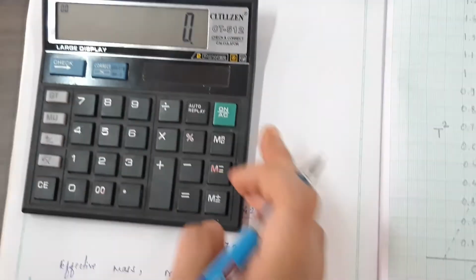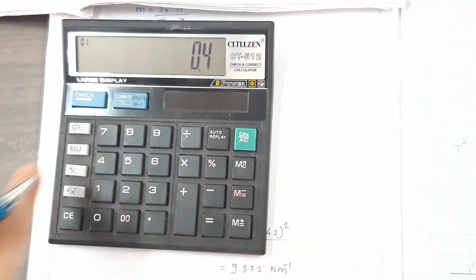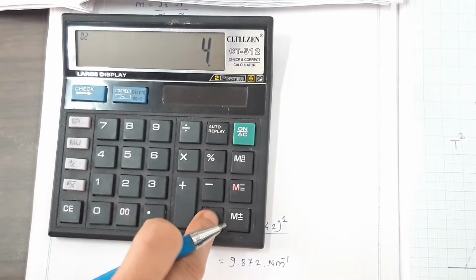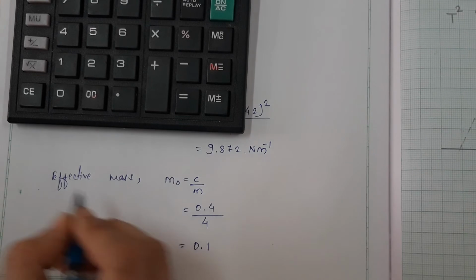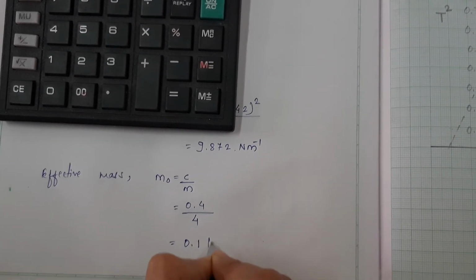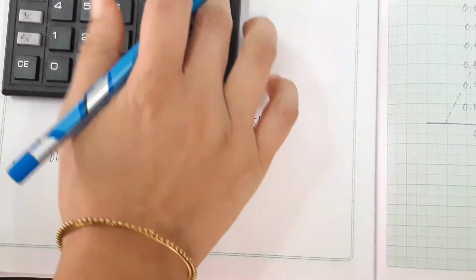So we get 0.4 divided by 4, equal to 0.1, and since it is effective mass, this is in kg.